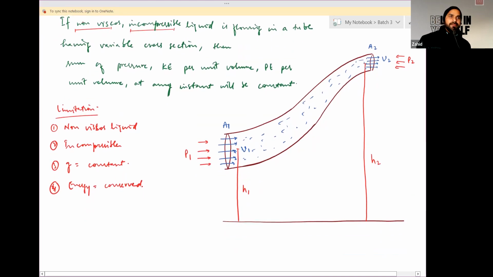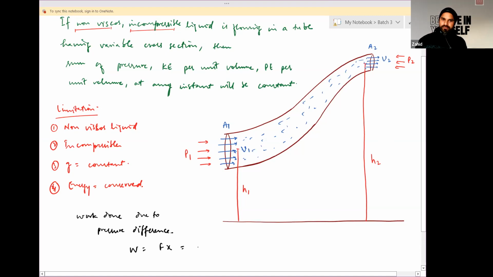Now, due to this pressure difference, there would be some work done on this fluid. So the work done due to pressure difference. Since work done is force times displacement, we can write force in terms of pressure as net pressure times area of cross-section times displacement.